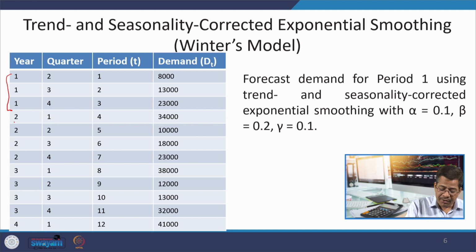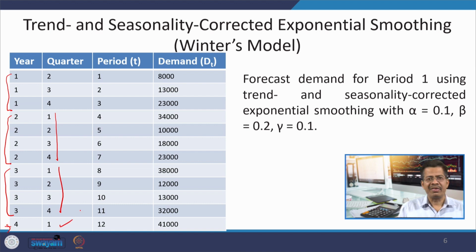For year 2 and year 3 we have data of all 4 quarters, and for year 4 we have data of the first quarter. So you can easily understand our forecast requirement is for year 4 quarter 2.